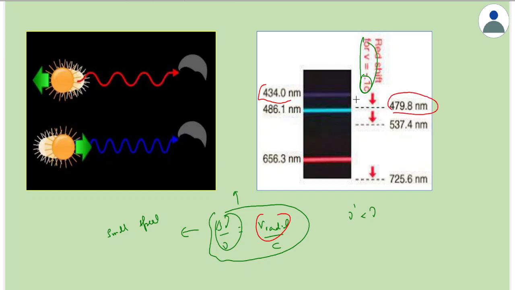The difference of these two, in terms of frequency, is called Doppler shift. Again, corresponding to 486.1 nanometer, what we get is 537.4 nanometer. That's a quite big shift. What we receive is higher than what has been emitted. This is called redshift.